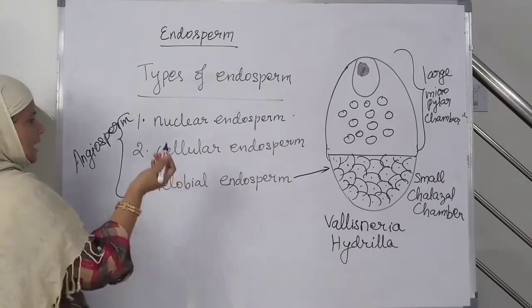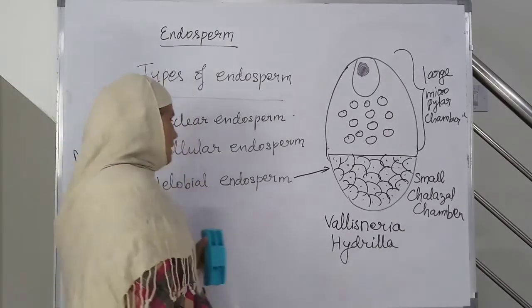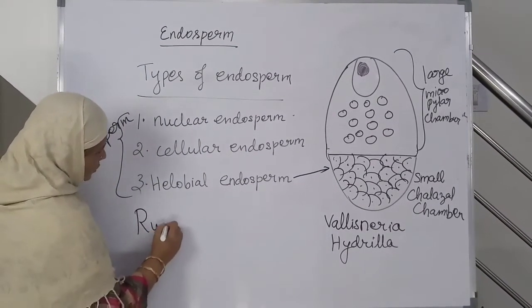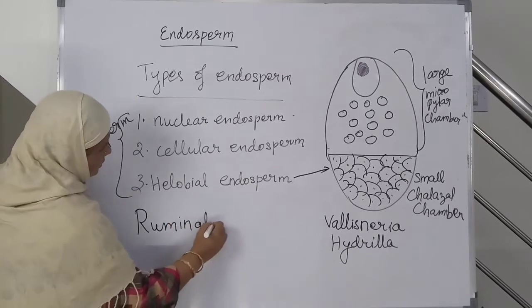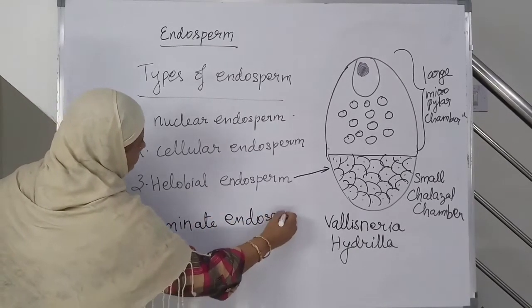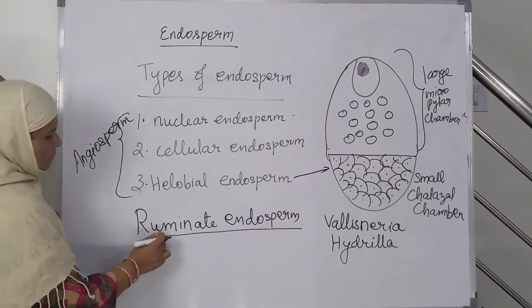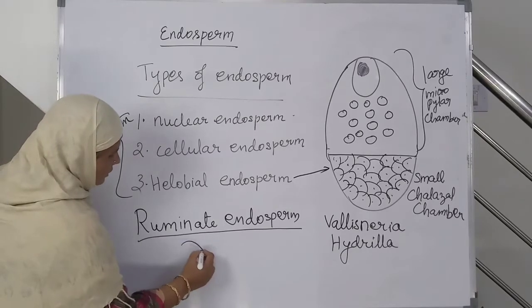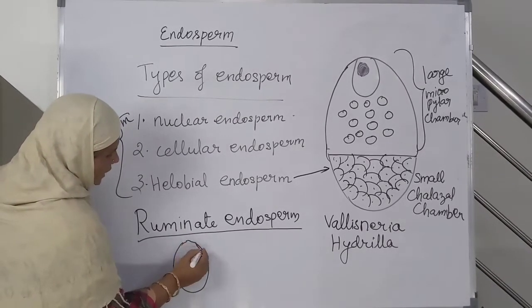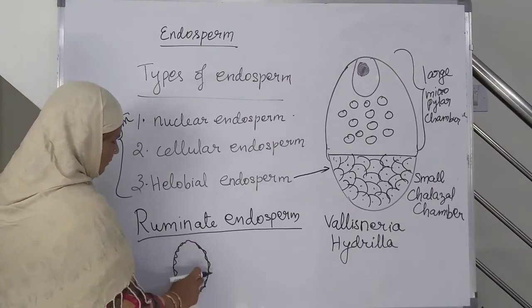Apart from these three endosperms, one more type of endosperm is found, that is called ruminate endosperm. In the ruminate endosperm, the surface of the endosperm is not regular, there is irregularity or unevenness in its surface.